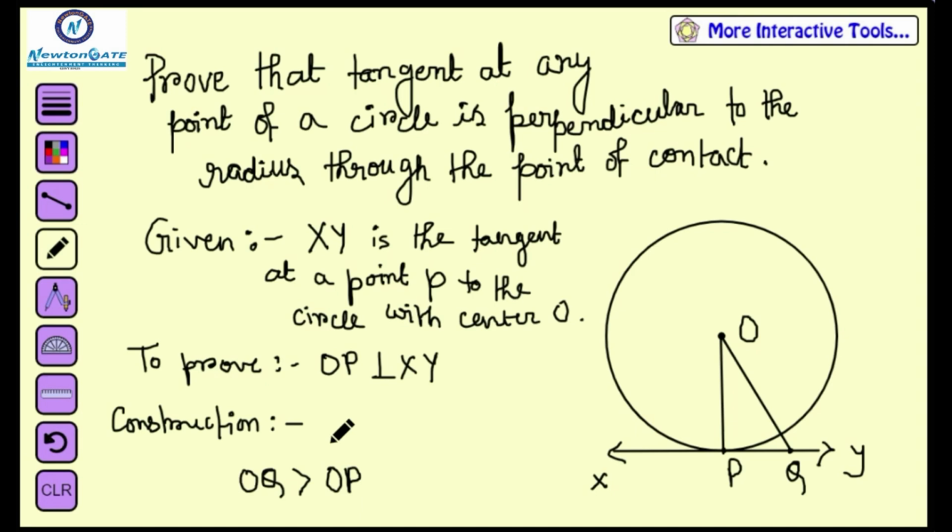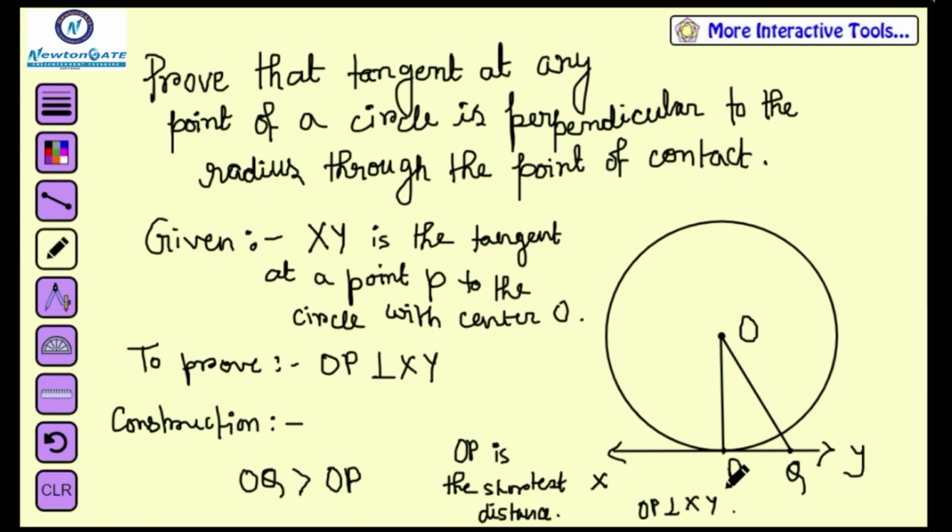So this happens with every point on line XY except the point P. Therefore OP is the shortest distance. So we say that OP is perpendicular to XY, since the shortest distance is the perpendicular, and this proves the theorem.